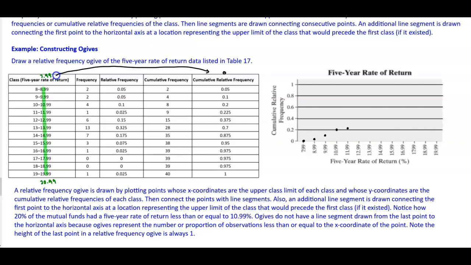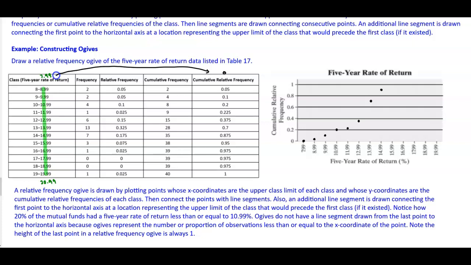Then for 12.99, we have 0.38. For 13.99, we have 0.7. For 14.99, we have 0.88.